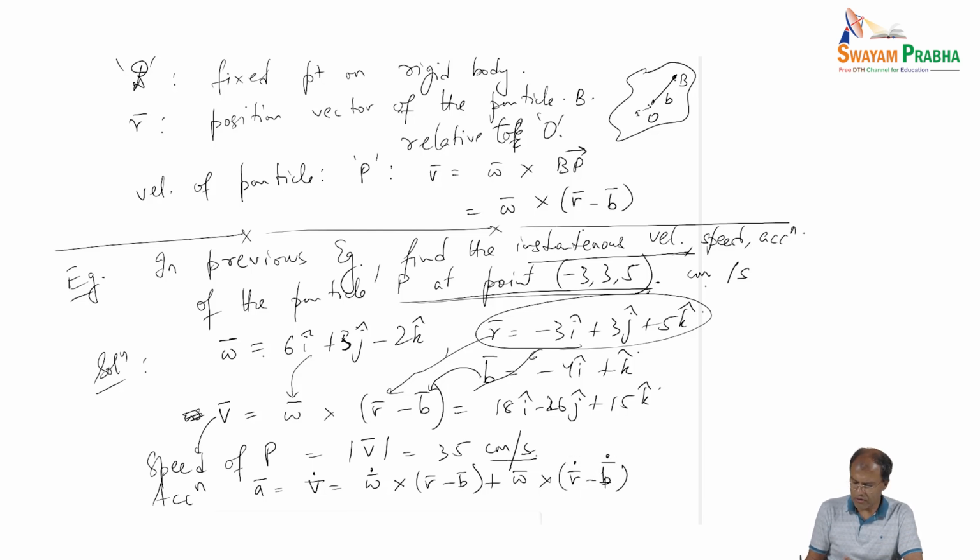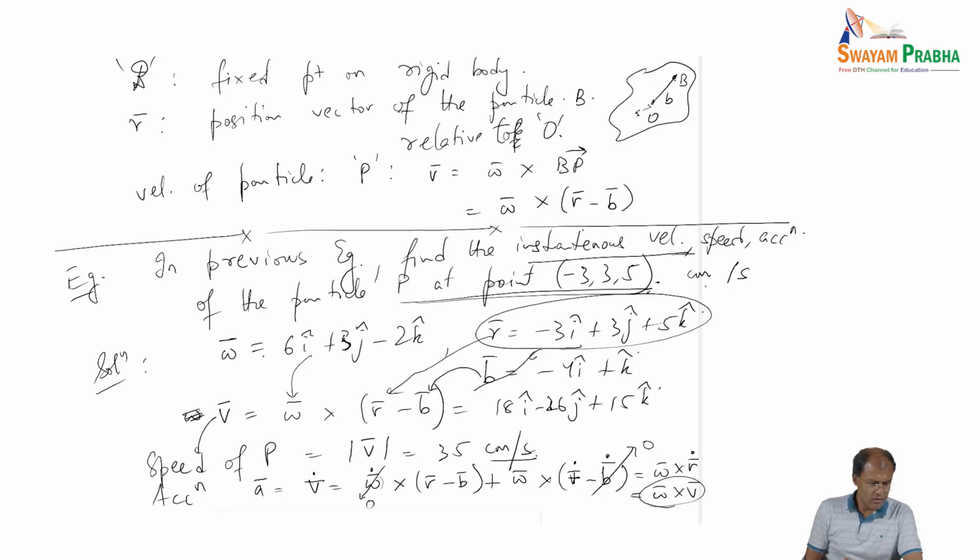We saw that b is a constant point, so its derivative will be 0. We also see that omega was a constant, the angular velocity of this particle was a constant, so omega dot is also 0, and so we get omega cross r dot. R dot is v, so it is omega cross v, and that is the acceleration.